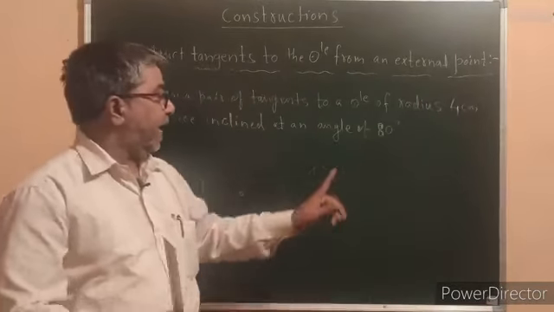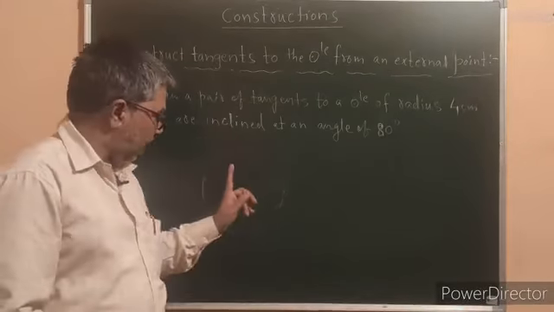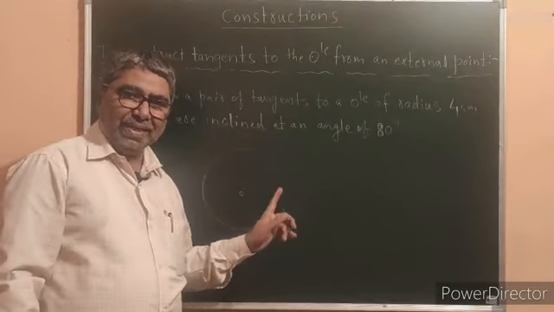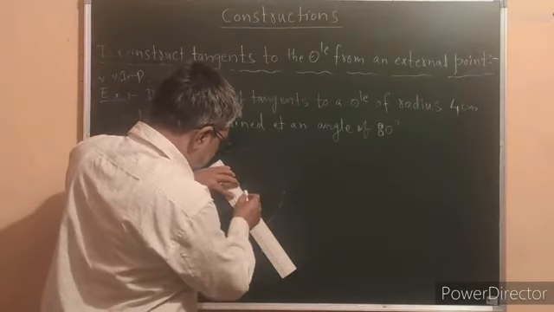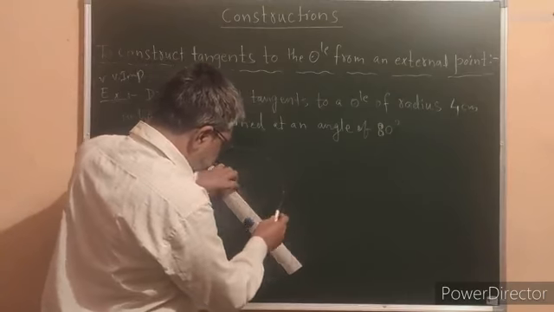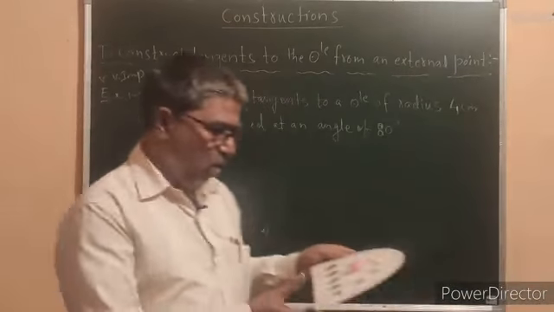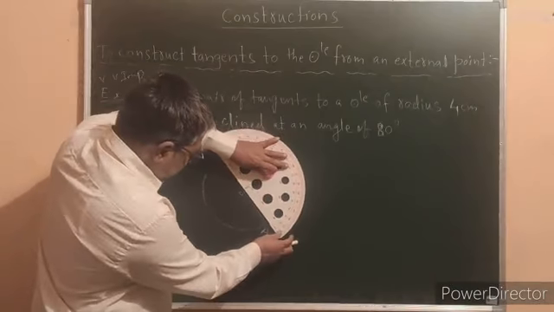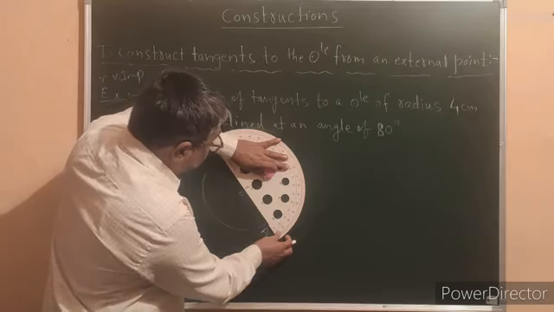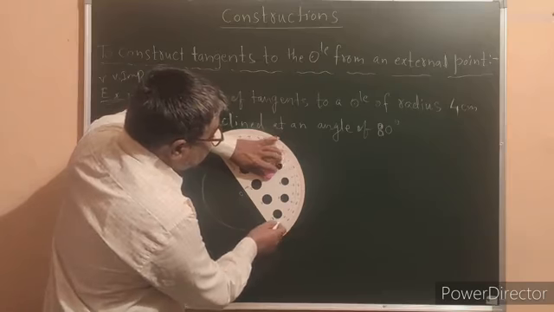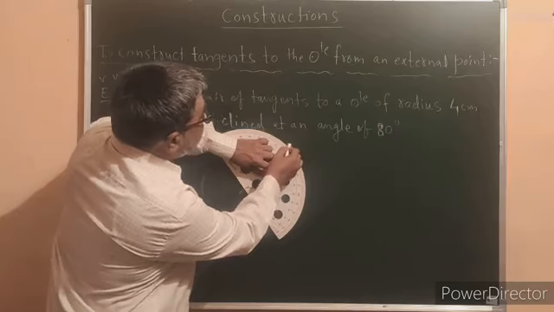Now if you subtract 80 degrees from 180 degrees, you will get 100 degrees. So 100 degrees angle you have to construct at the center of the circle, and that can be done by drawing one radius, calling the radius as OA, and constructing an angle of 100 degrees at the center of the circle along the line segment OA. 10, 20, 30, 40, 50, 60, 70, 80, 90, and this is 100.